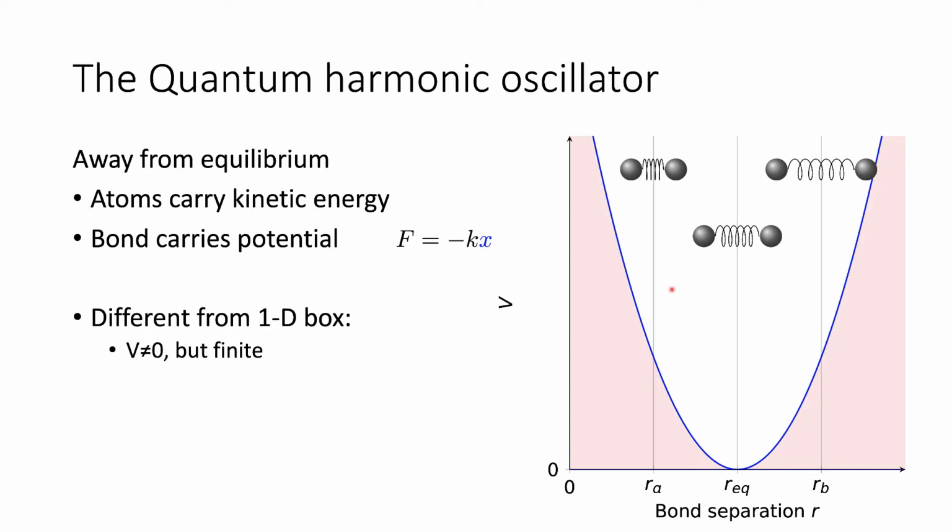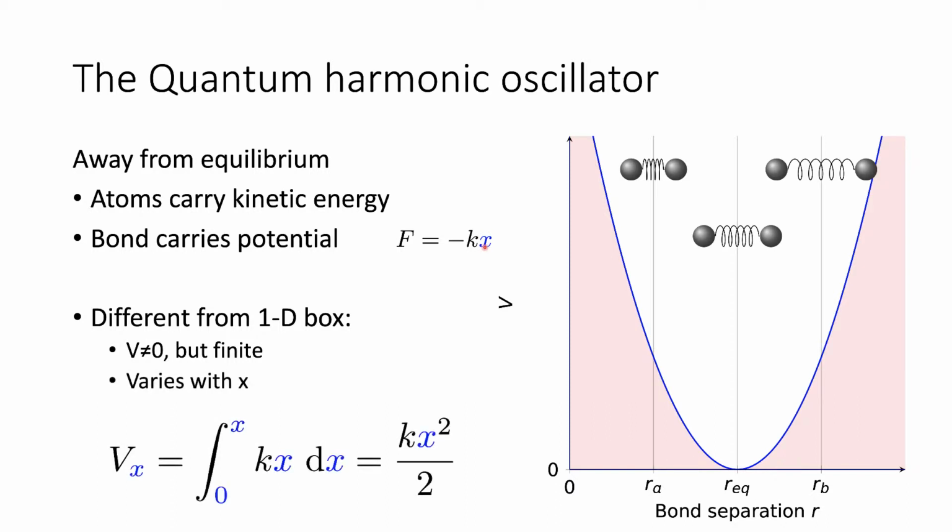Okay, so it's not an infinite potential, but we do have some there. And it varies as a function of x. Now remember that we can get to the potential by integrating the force. So if we integrate our force, we end up with the potential being kx squared over 2. So this gives us the fundamental shape of the parabola that we're expecting.